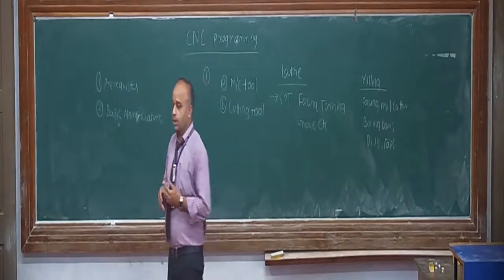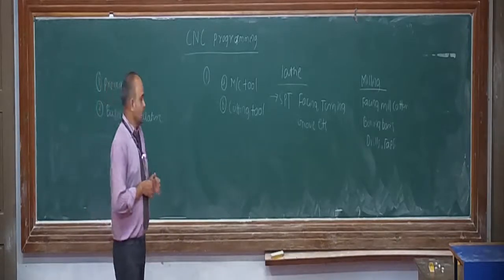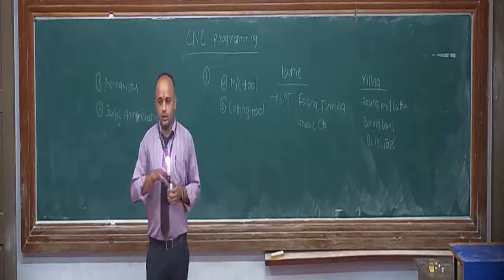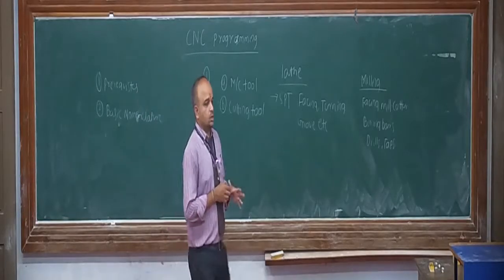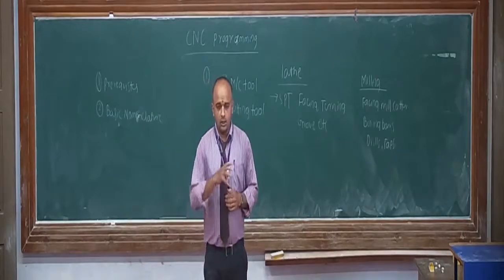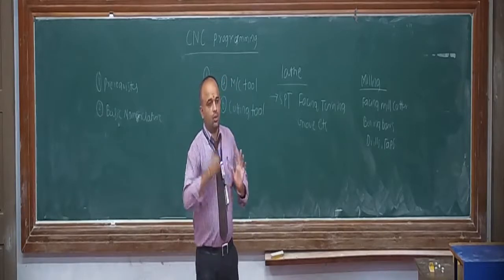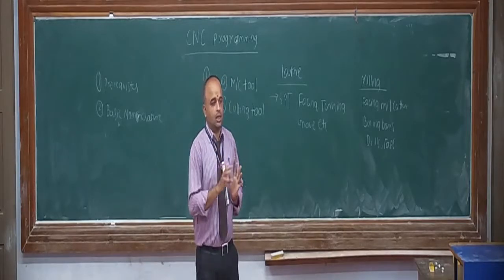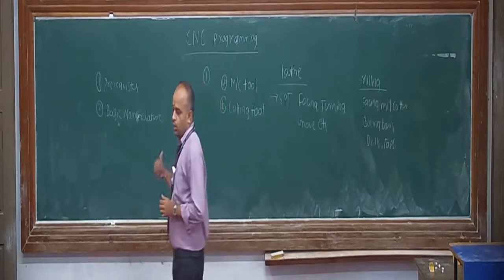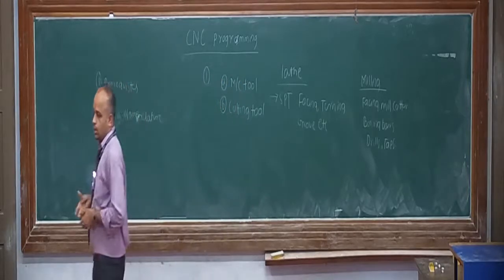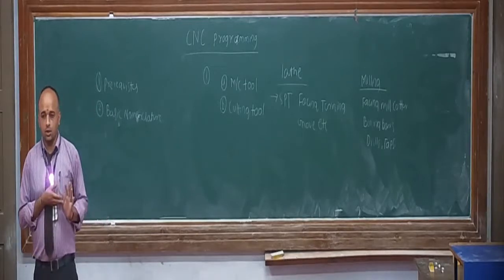So presently machine tool manufacturers have a robot side by side with the ATC. After certain tools are utilized, the robot comes and keeps on changing them. Every time, the new tool to be inserted in the ATC is put in by the robot, and the utilized tool is taken out by the robot and put in a separate container, so that the processing always continues. The machine does not stop.